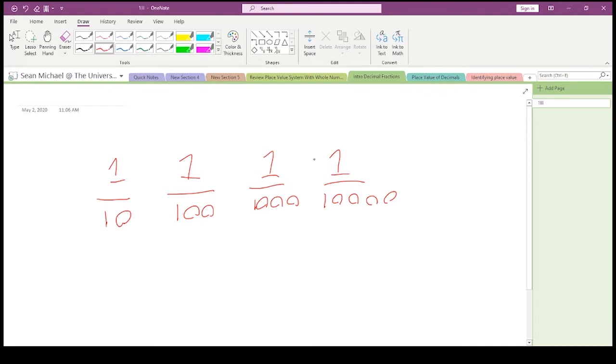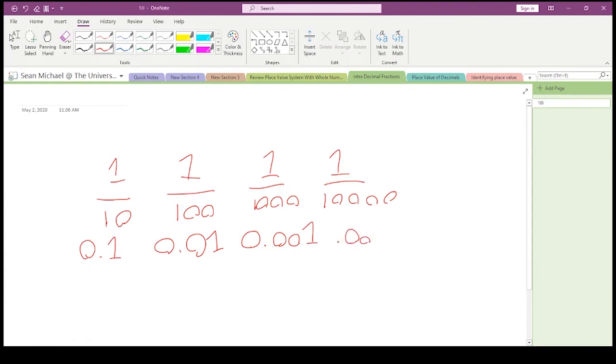And it just keeps going up like that by tens. And so these are what we call decimal fractions, because these can be easily converted into a decimal with no hassle, right?